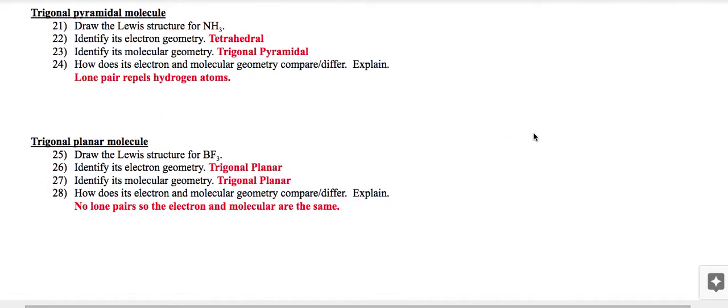We have our trigonal pyramidal and trigonal planar. The difference here is the electron pair on the central atom. So there you go.